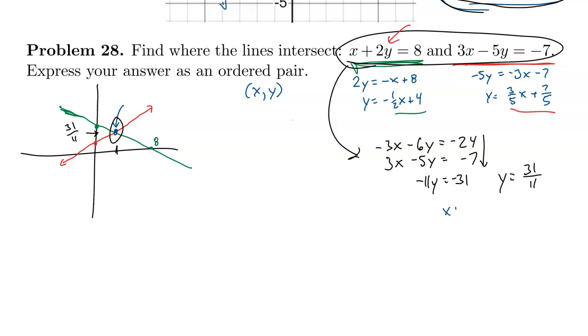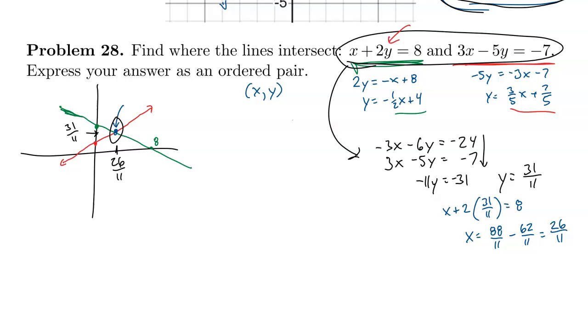And I get x plus 2 times 31 over 11 equals 8. So x has to equal 88 over 11 minus 62 over 11, which, doing that subtraction, gives me 26 over 11. So the x coordinate is roughly 26 over 11.